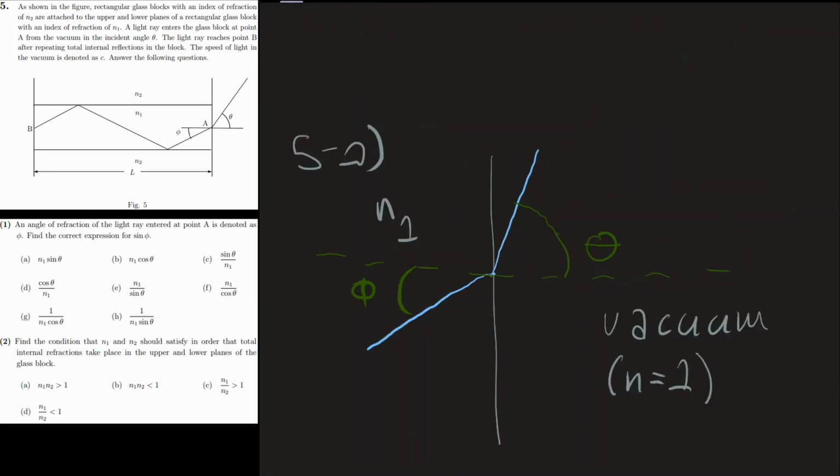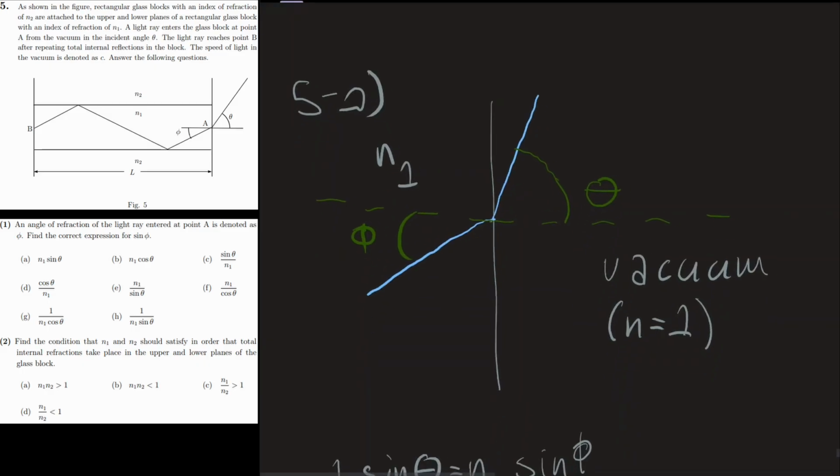So first is part 1, which says, an angle of refraction of the light ray entered at point A is denoted as phi. Find the correct expression for sine theta. So if we look at the diagram here, we see that the light enters from a vacuum over here, and it enters with an angle of incidence of theta. And of course, as a reminder, the vacuum has a refractive index that's just equal to 1.